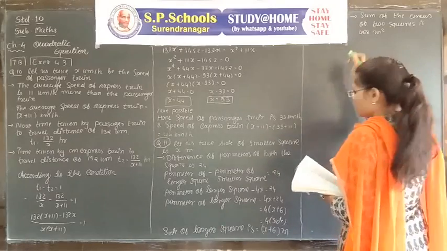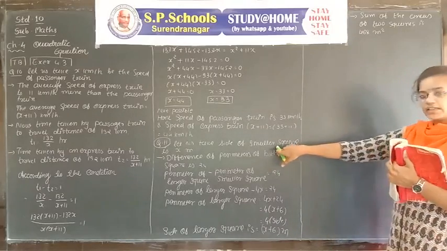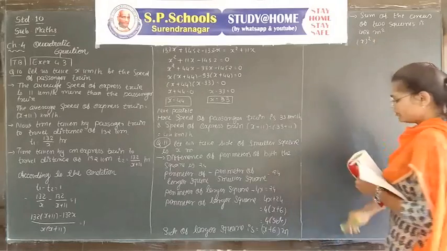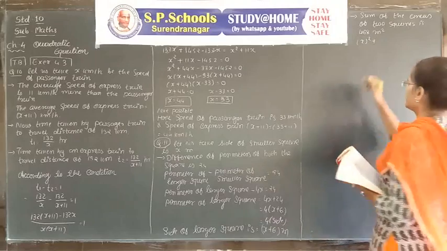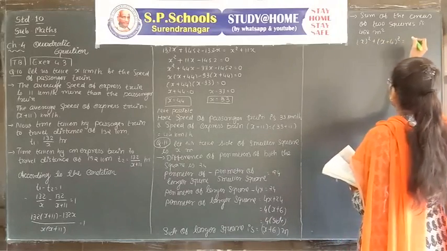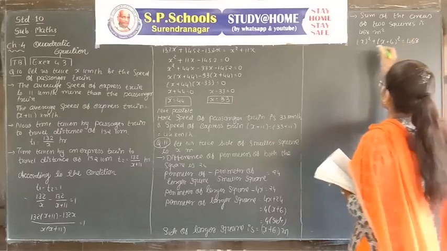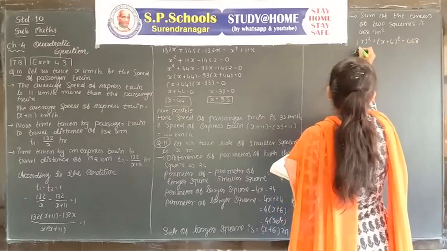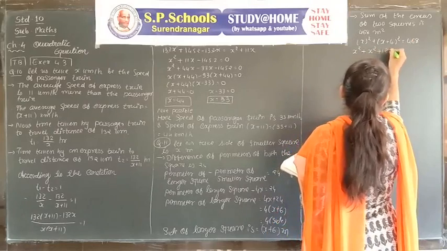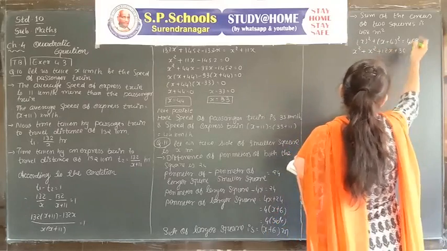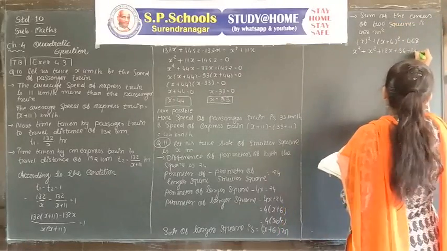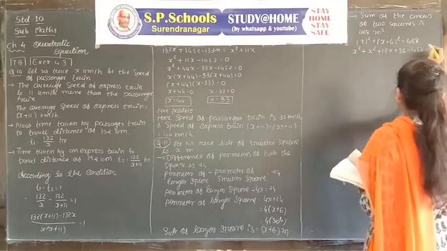Side of smaller square is x, then its area is x square. Side of larger square is x plus 6, then its area is x plus 6 whole square is equal to 468. That's why x square, by doing expansion, x square plus 12x plus 36, shift 468 from the right hand side to the left hand side, minus 468 is equal to 0.